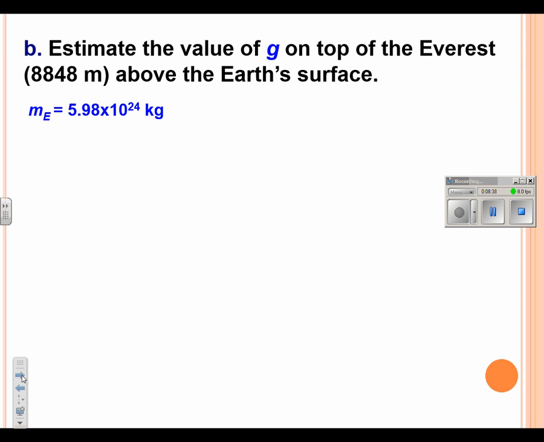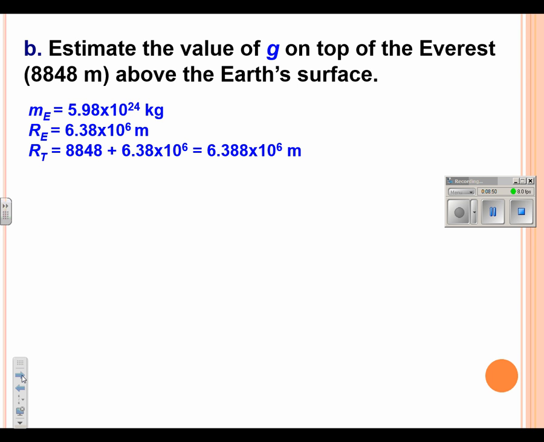The mass of Earth, which I gave you in a previous problem, was 5.98 times 10 to the 24th kilograms. The radius of Earth is 6.38 times 10 to the 6th meters. So the total radius I want to deal with is the radius of Earth plus how far the top of Everest is from the Earth's surface. That would be my total r value.